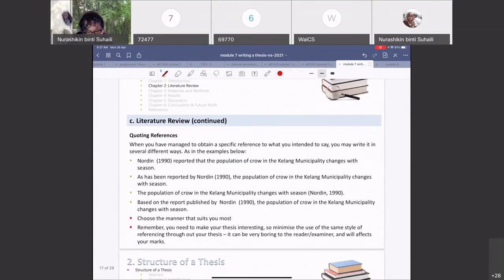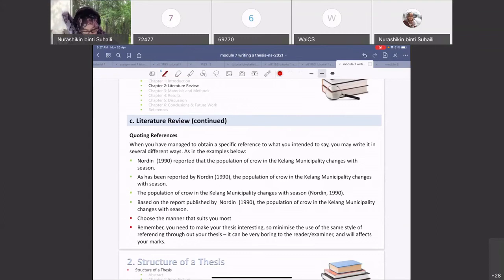It's quite similar to the proposal, not that much different. The content is quite similar. And here is where you have to cite a lot, because it's where you refer to the points mentioned by previous researchers.